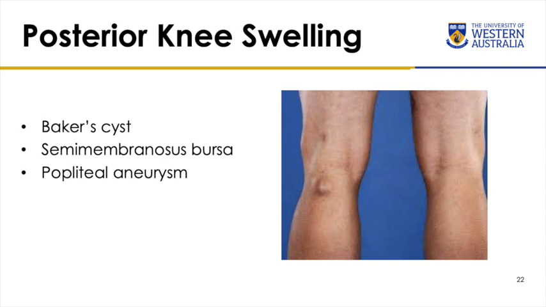Semimembranosus bursa is the bursa between the medial head of gastrocnemius and semimembranosus. It can become enlarged and usually presents as a painless lump behind the knee, slightly medial. It's normally self-limiting and will resolve with time.